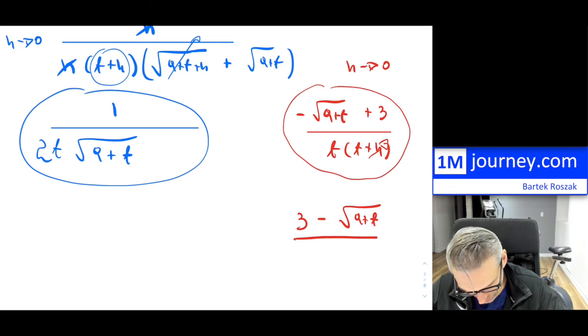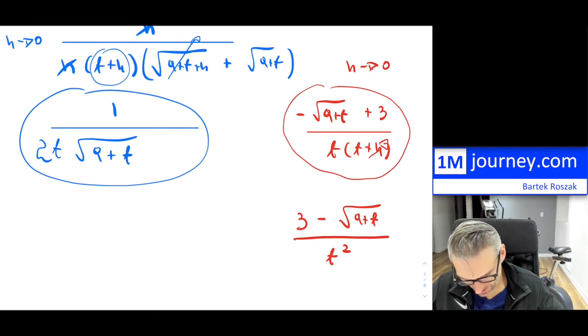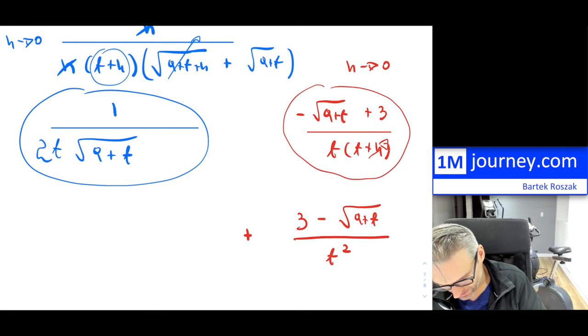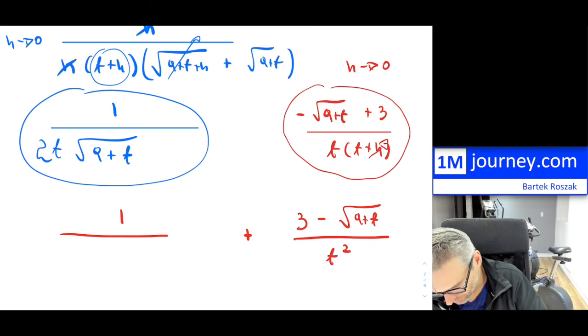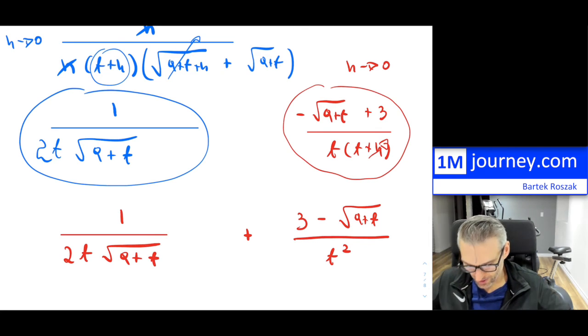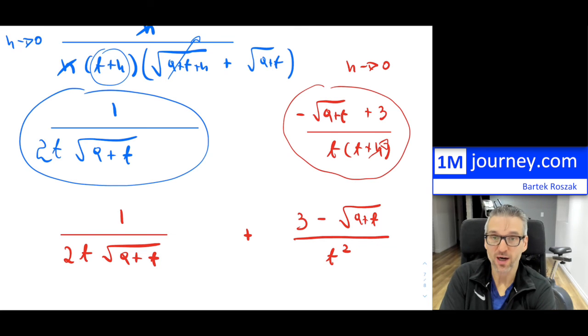I can just swap those. I like that negative in front, and this is going to be t squared. Okay, so plus that, and then 1 all over 2t 9 plus t. Wow, that is super ugly. But that is the derivative.